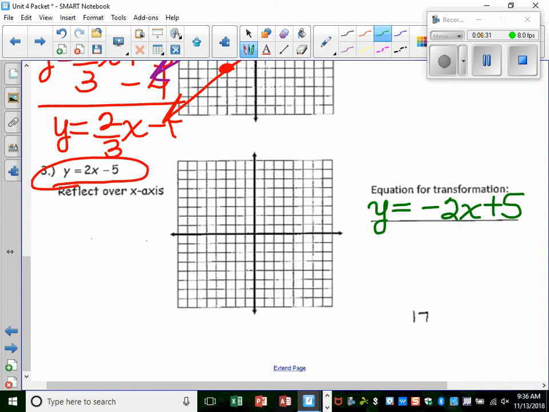So let's go ahead and graph the original one. Okay, then we're going to go up 2 over 1, up 2 over 1, and up 2 over 1. Okay, then we'll graph the transformation one. So we're going to start at +5.